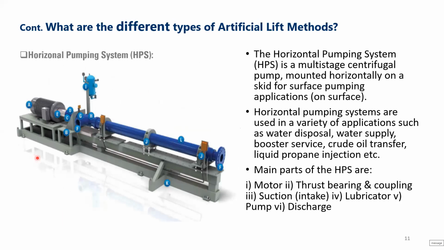So from its name, this is an HPS, a horizontal pumping system mounted on a metal skid and used for surface pumping. Horizontal pumping systems are used in a variety of applications.